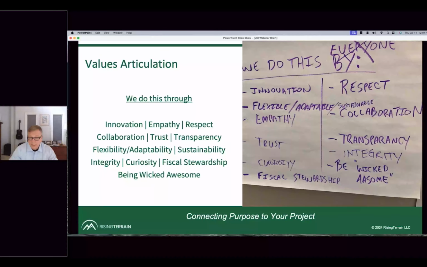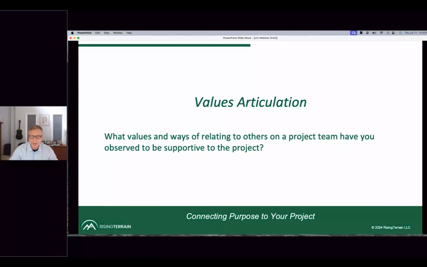So I would say this development of a shared impact statement and articulating the values complements the development of a conditions of satisfaction process, and certainly does not replace it at all. I would say the end user requirements fit more in that conditions of satisfaction bucket, if you will. So this is a complementary practice.